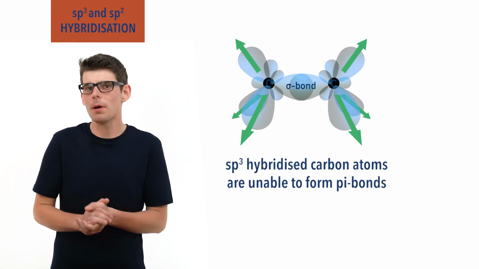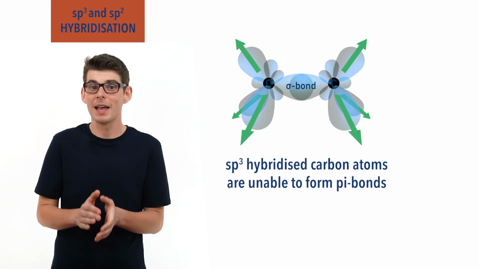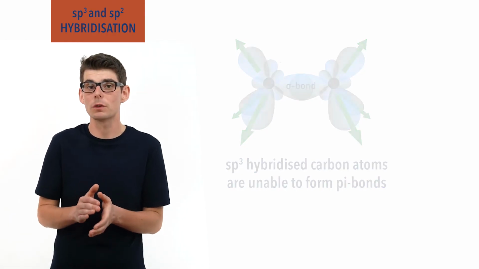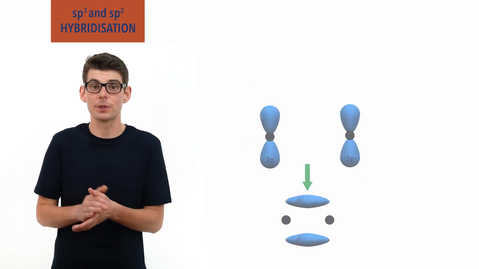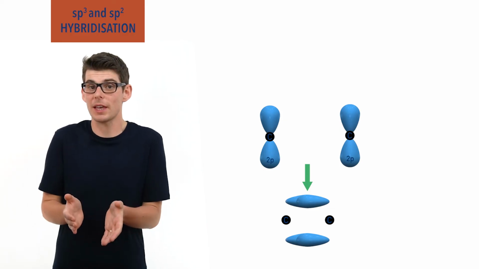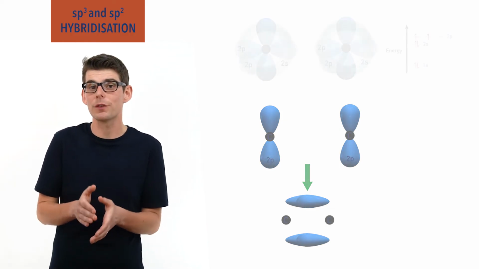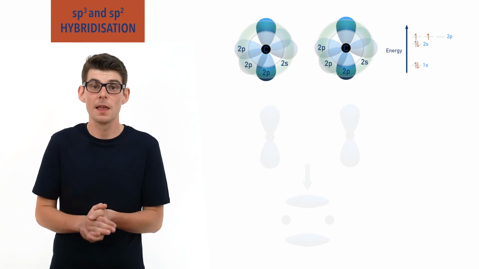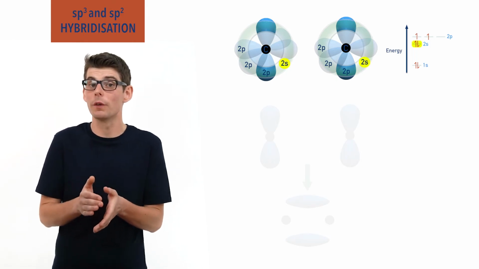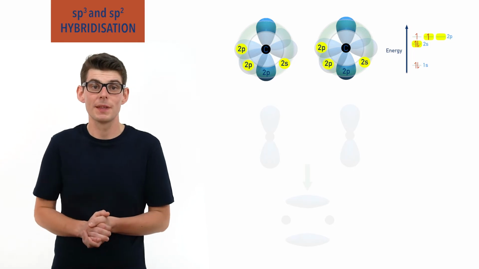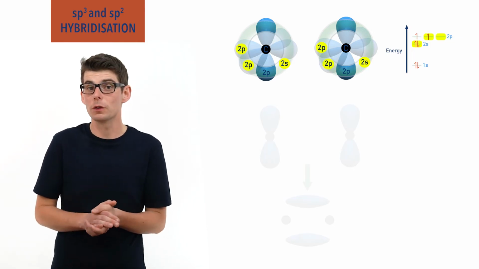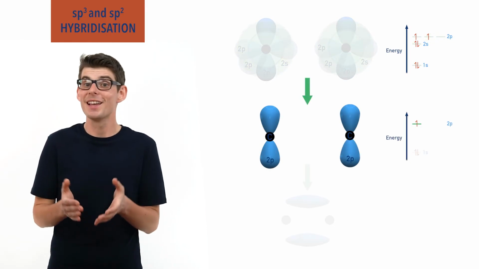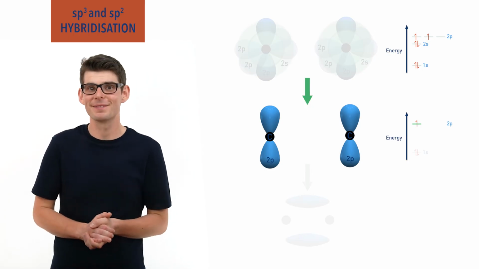In order to form a pi bond then, each carbon atom has to have a half-filled p orbital that isn't hybridized. For this to be the case, only 3 of the 4 outer orbitals of the carbon atoms can hybridize, the 2s and 2 of the 2p orbitals, leaving 1 of the half-filled p orbitals unhybridized and free to make a pi bond.